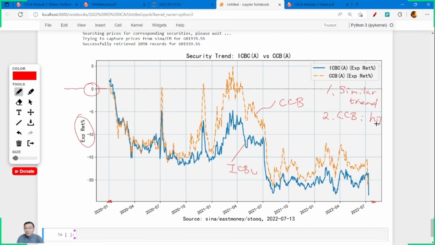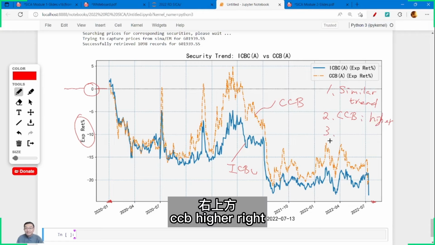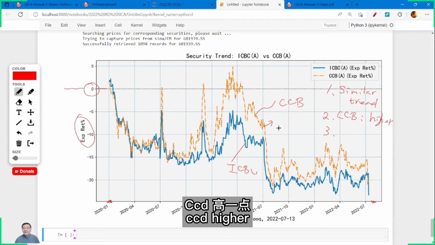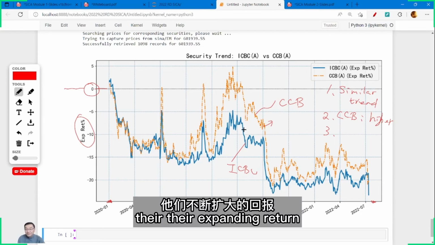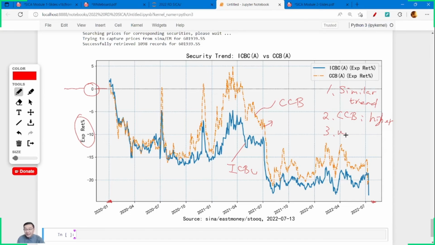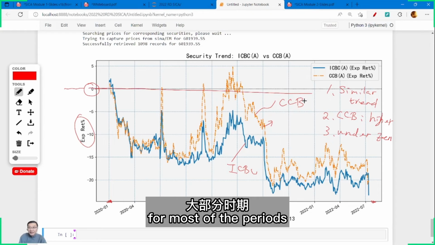CCB higher, right? CCB higher. Okay, the curve is above. But their expanded returns are under zero. For most of the periods, they are all under zero, right?